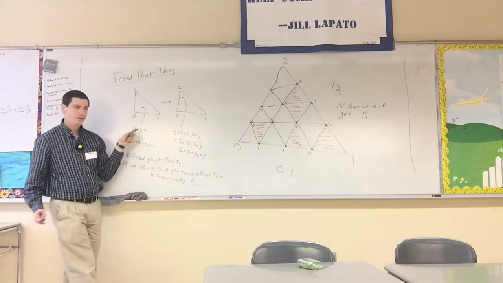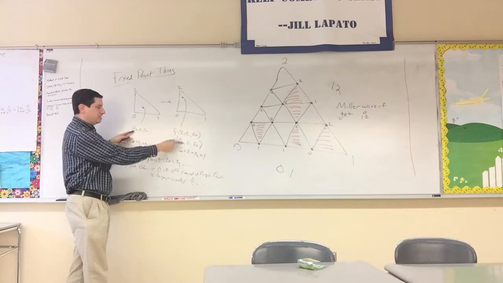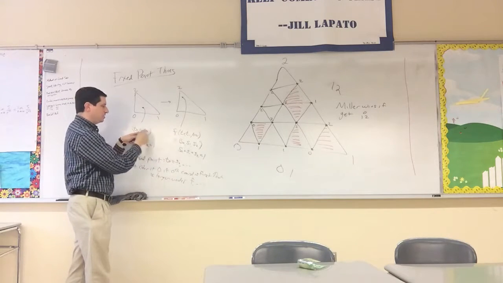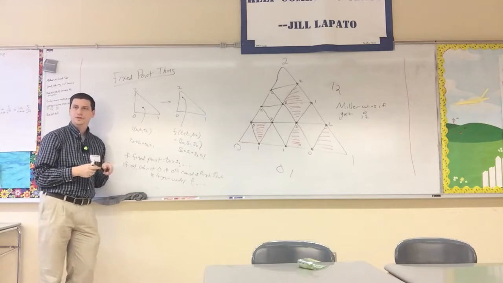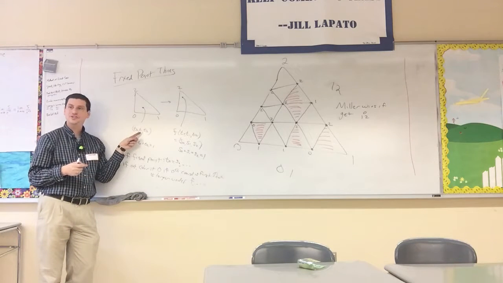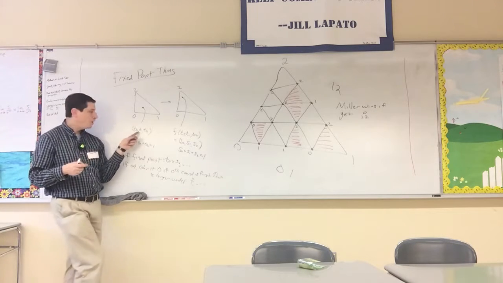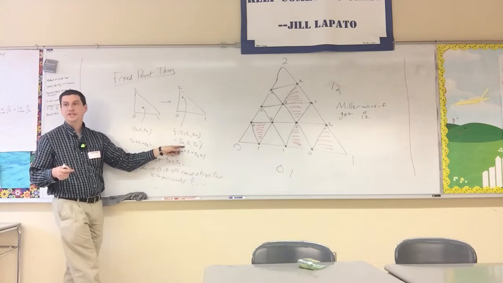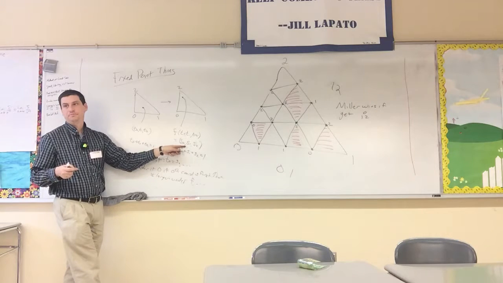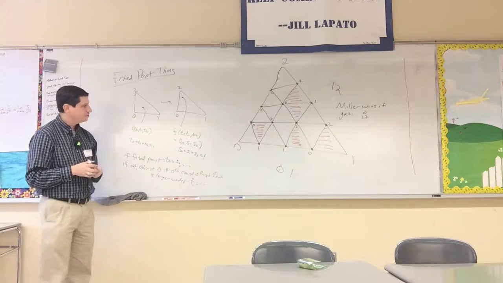Well, if they're not equal, then either t0 doesn't equal s0, or t1 doesn't equal s1, or t2 doesn't equal s2. If one of them is a little bit larger, another one has to be smaller. If one of them is smaller, one of them has to be larger. One of them has to be the first coordinate that's larger, or the first coordinate that's smaller.